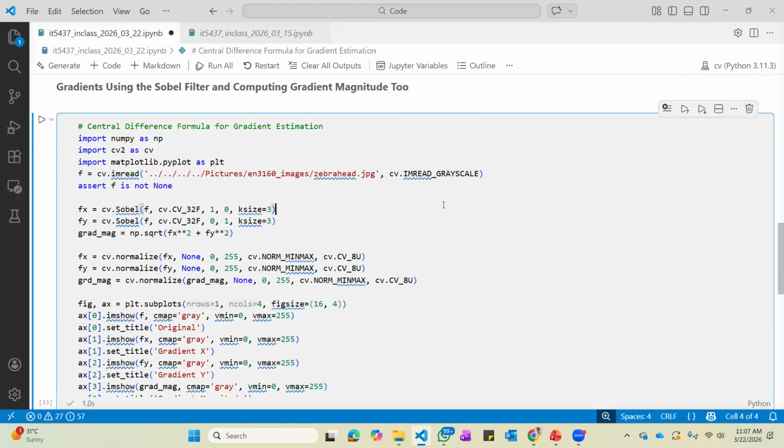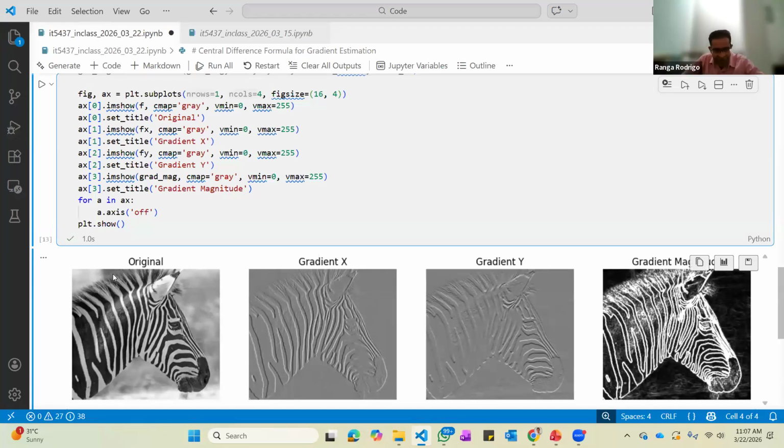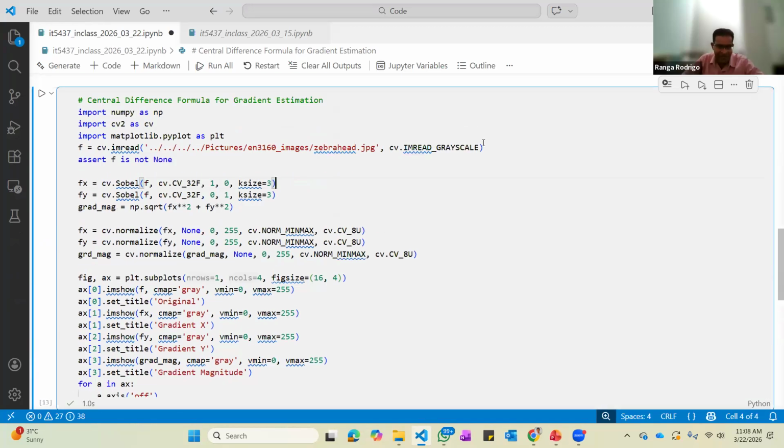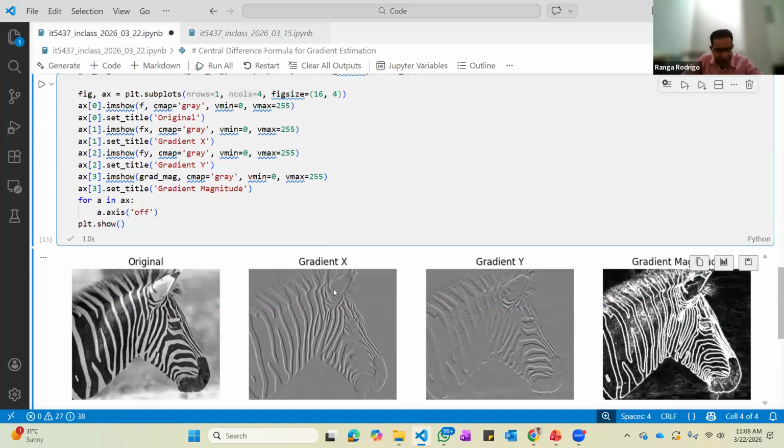So can we do this to the color image also? Yeah, color, that's a good question. So here we have opened the image as a grayscale image. You are right. We have opened the image as a grayscale image, and then when you get the gradient, you see gray values. Here you can see very high values for edges and very low values.